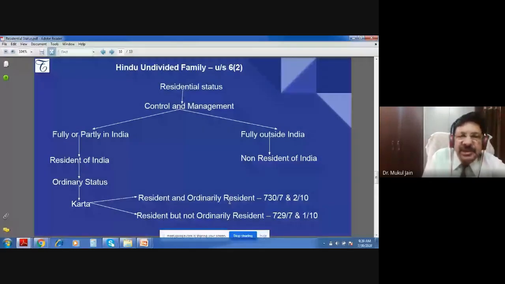But if Karta is resident but not ordinarily resident, then the HUF is also known like that. So you will determine the status of the HUF based on the Karta's status. There are many families where the Karta is in England, in America. So it depends on the residential status of the Karta.